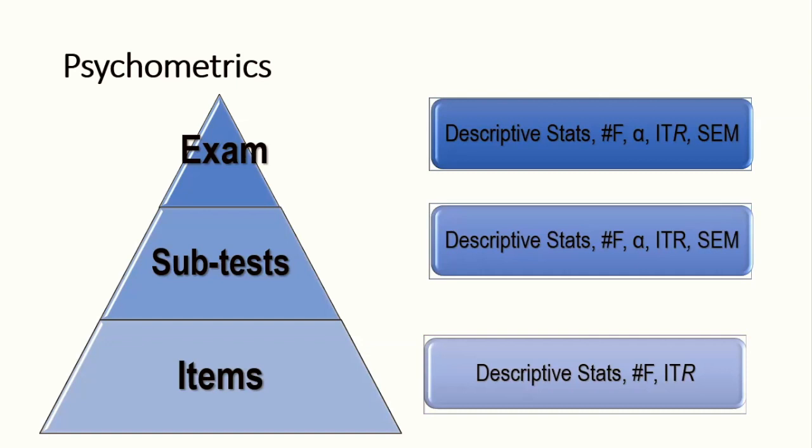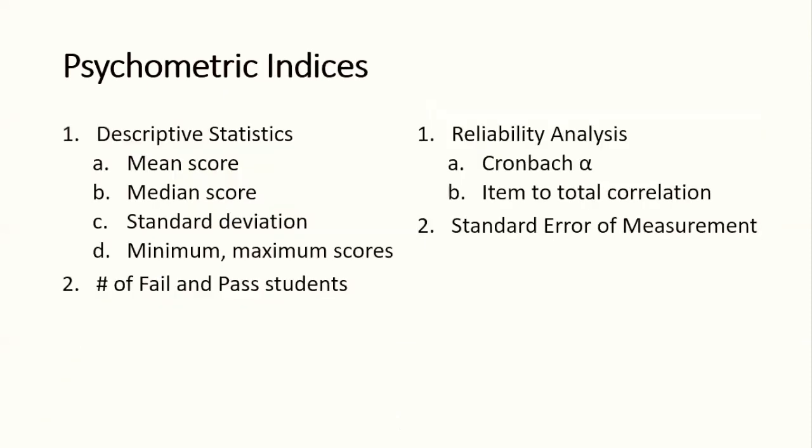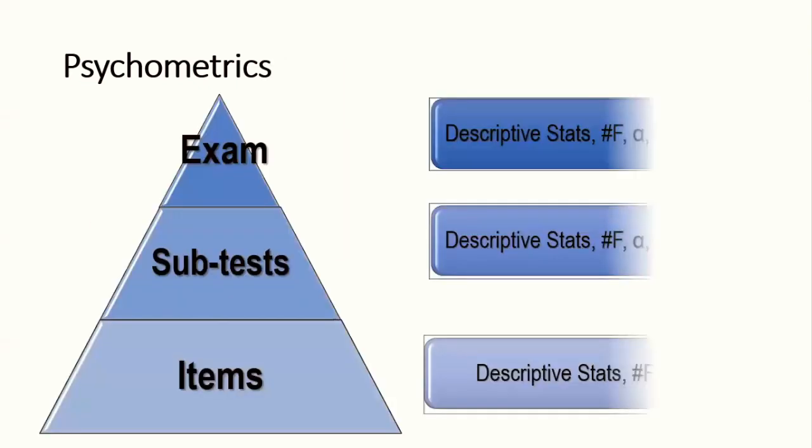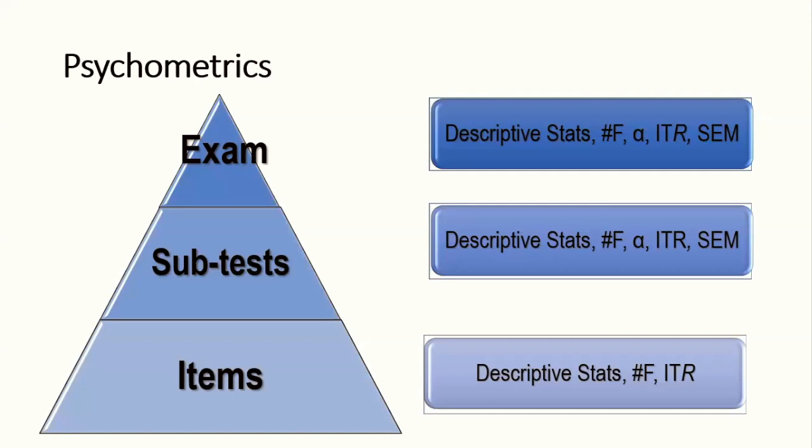Why am I showing this and giving this slide some more time? Because most of these psychometric indices we will discuss today can be applied at any of these 3 levels. Very easy. So descriptive statistics can be used to evaluate your items, your questions, your subtests, and your exam.